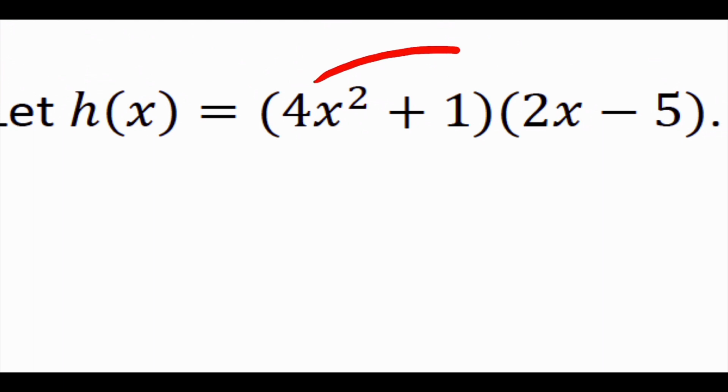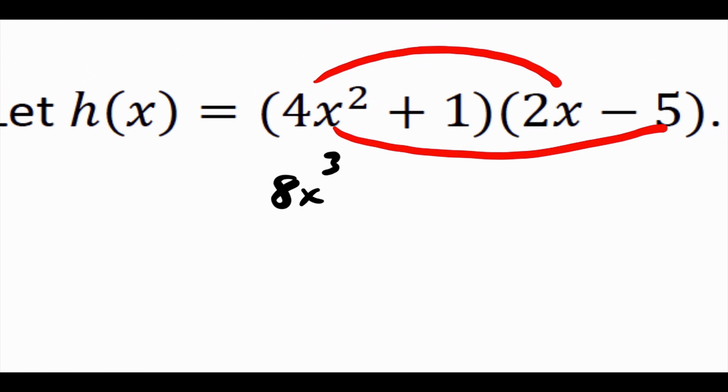So first, multiply the first two terms. 8x to the third power. Outer, negative 20x squared. Inner, positive 2x.